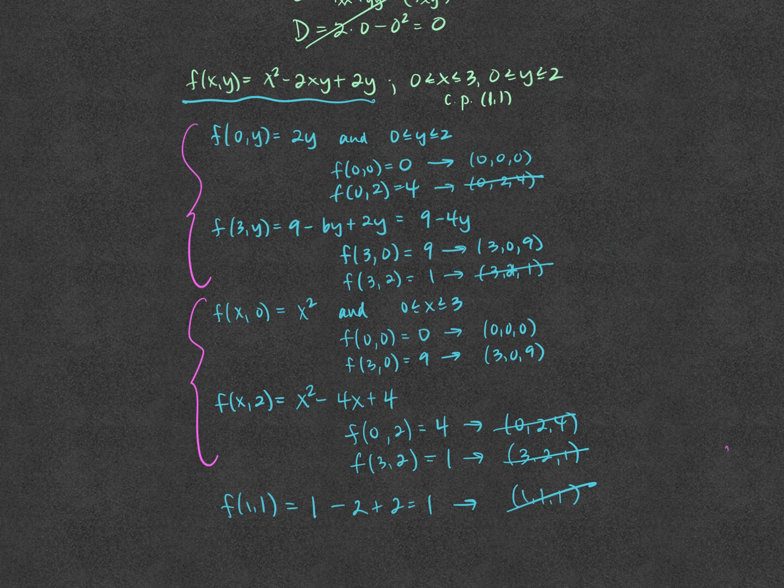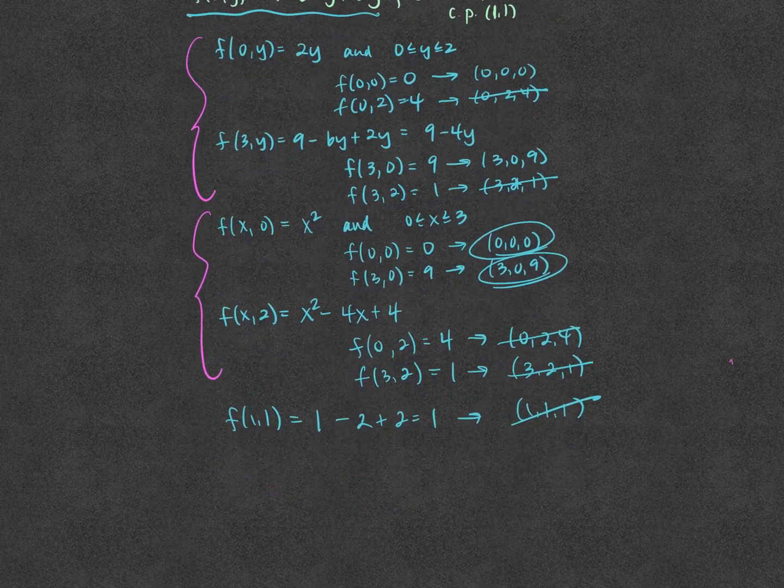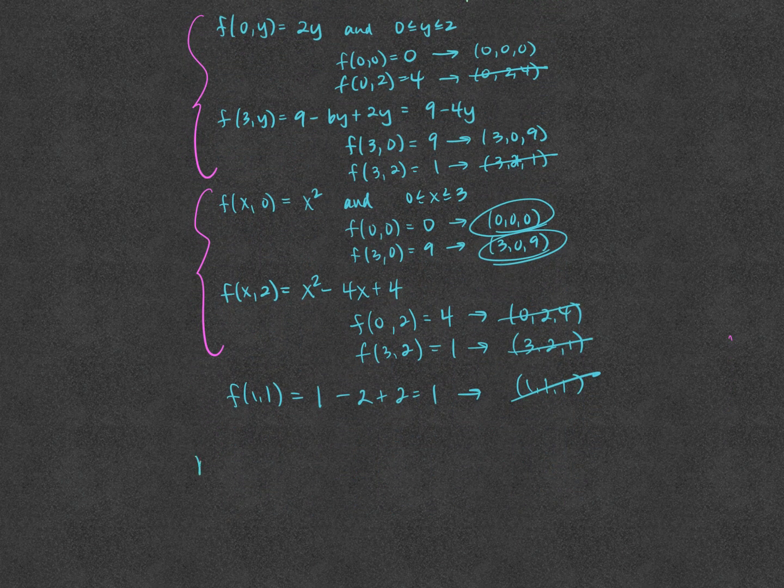So our minimum point is (0, 0, 0), and our maximum point is (3, 0, 9). So what we say is we have an absolute minimum at f of (0, 0), which is equal to 0, and we have an absolute maximum at f of (3, 0), which is equal to 9, which is true in both of these cases.